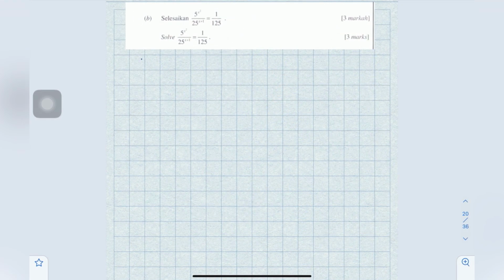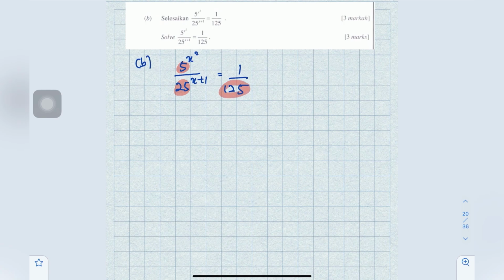B, solve. Solve maksudnya kita kena cari value of unknown. Now, we have 5 power of x squared, kecil halus, harap-harap kamu nampaklah soalan ni, 25 power of (x plus 1) equals 1 over 125. Okay, now kita ada base 5, base 25, base 125.